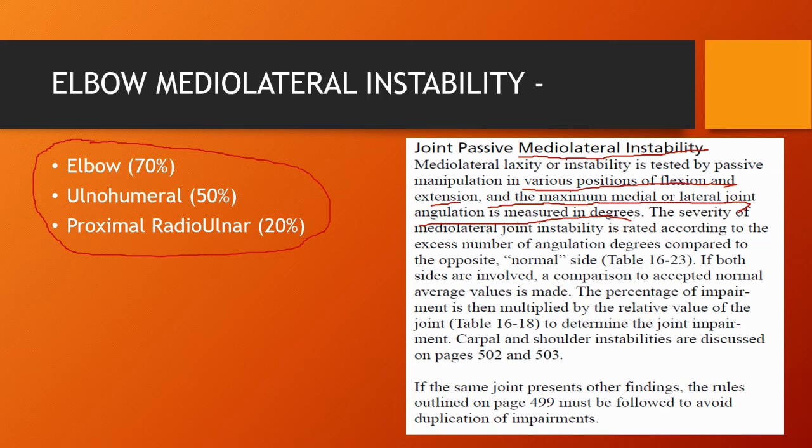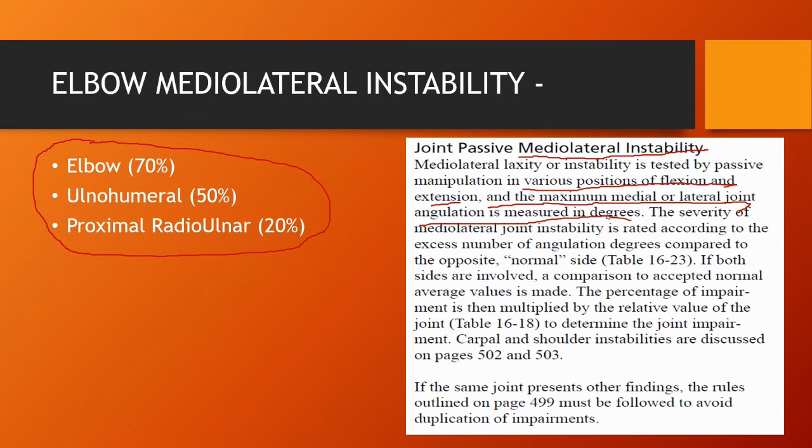The severity of the mediolateral joint instability is rated according to the excess number of angulation degrees compared to the opposite normal side. So on the opposite normal side, you would need to obtain the Q or carrying angle to determine a baseline normal for the opposite unaffected extremity, and then measure the excess number of degrees on the affected elbow.